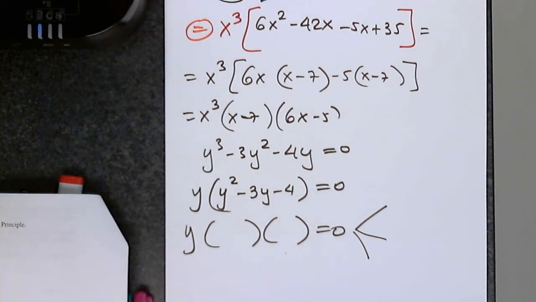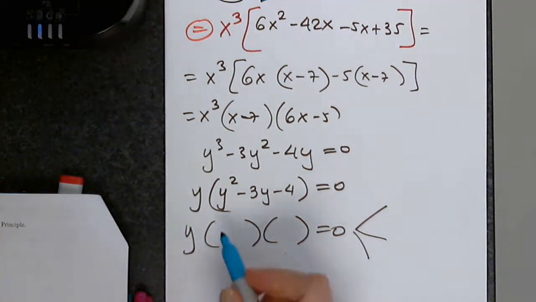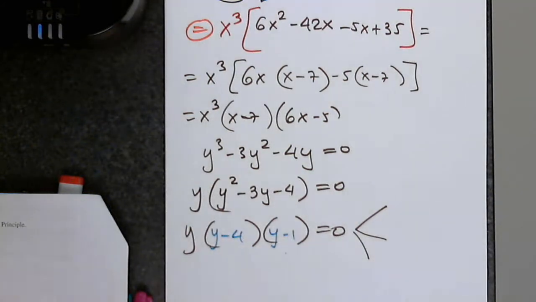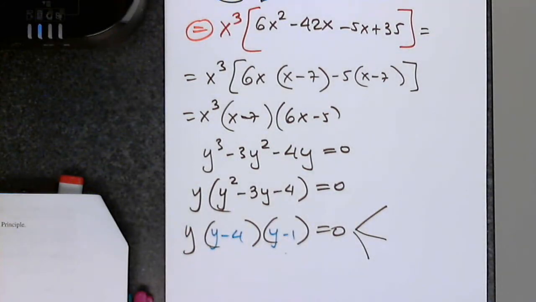Perfect. Since the product is negative, they have to have opposite signs. Very good. So y minus 4 and y plus 1. Can anyone give us 3 solutions, please?